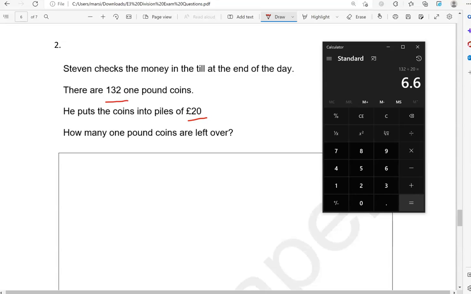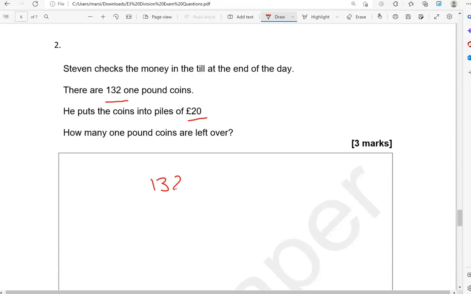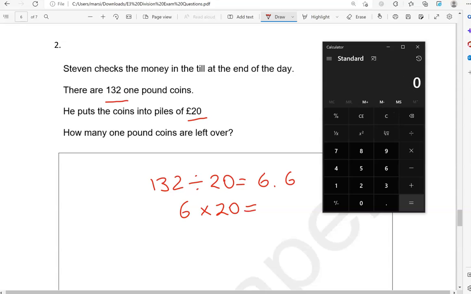Which gives us 6.6. So it's 6 piles of £20 each. That makes £120.